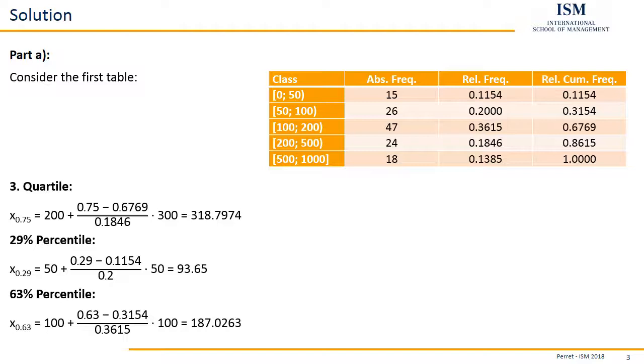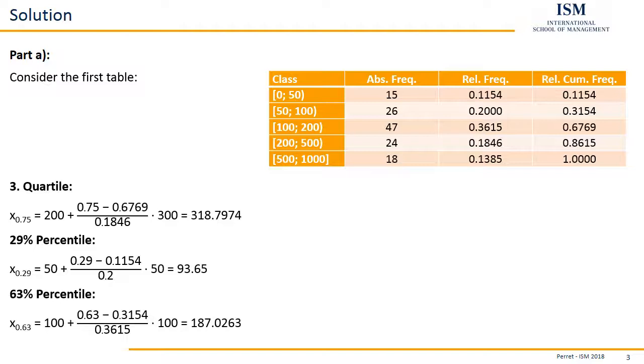So we have the lower bound 100 plus the 63% minus the cumulated relative frequency of the preceding class divided by the relative frequency of our percentile class, of the class 100 to 200, which here is 0.3615, and all of this is multiplied with the width of the percentile class.